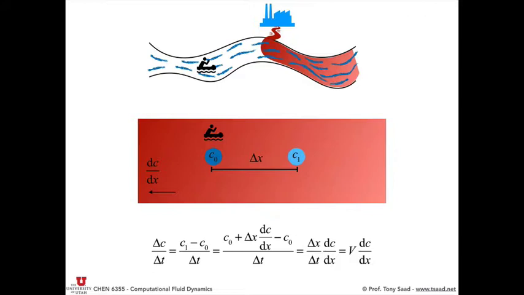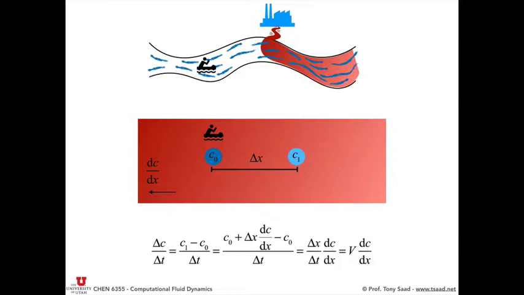Okay? So now, I'm going to add one more thing. I'm going to also say, what if the company dumped the poison at 8 in the morning, just dumped a whole bunch for 10 minutes and then they stopped? So obviously you're going to have a gradient in space, but also the concentration is going to change over time.